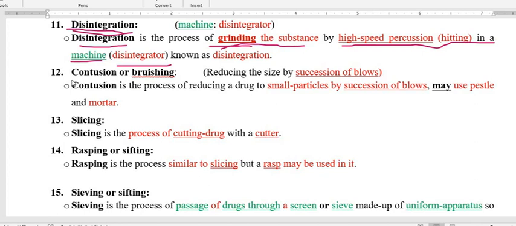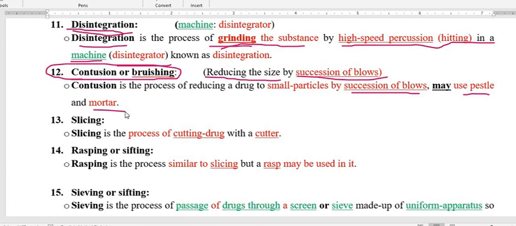This is a term associated with surgery, but in pharmacy, its meaning in connection to different pharmaceutical processes is also reduction of the size of the particle into a smaller size by succession of blows using the mortar and pestle. This is called contusion or bruising.